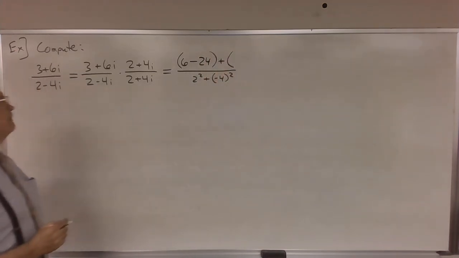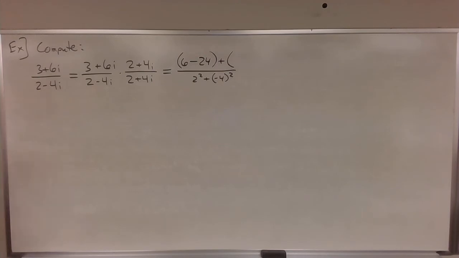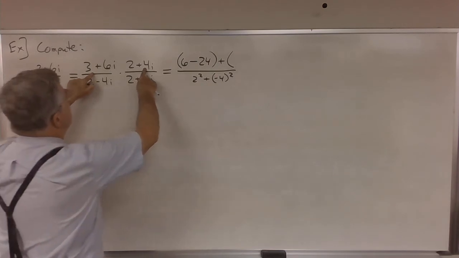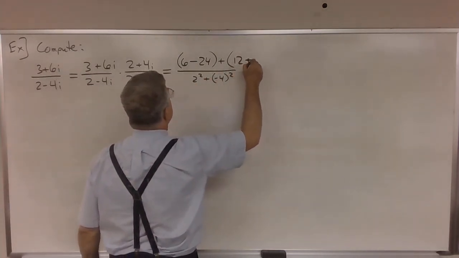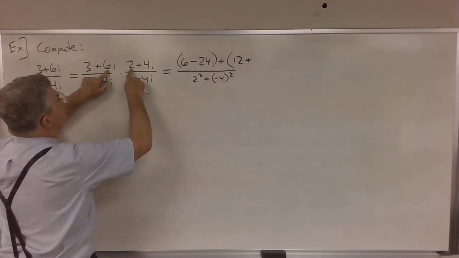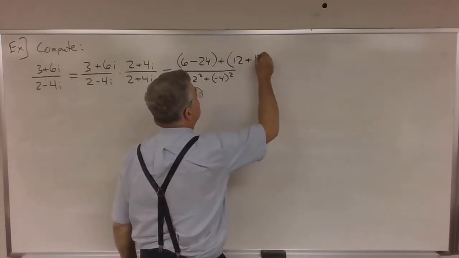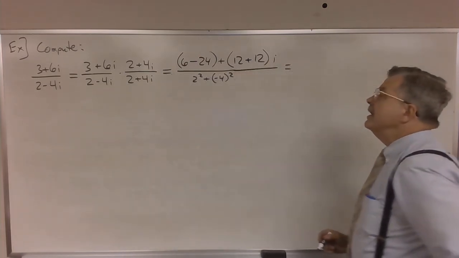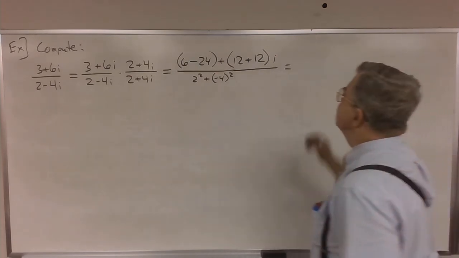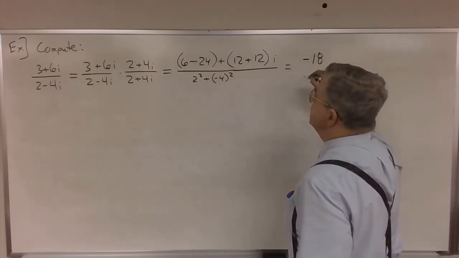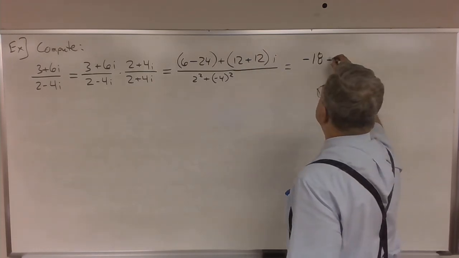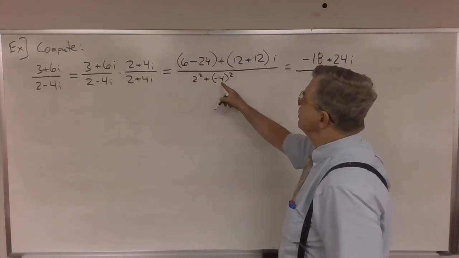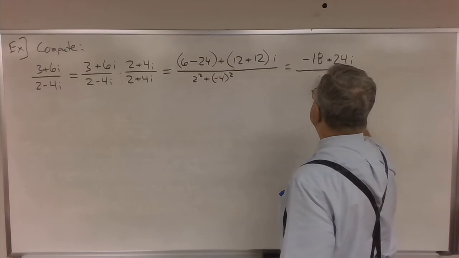So that's our real part. Now the imaginary part. We have the product of the outers, 3 times 4 is 12, plus the product of the inners, 6 times 2 is 12, all of that times i. And now we simplify. Let's see, negative 18 plus 24i, all over, let's see, 4 plus 16 is 20.